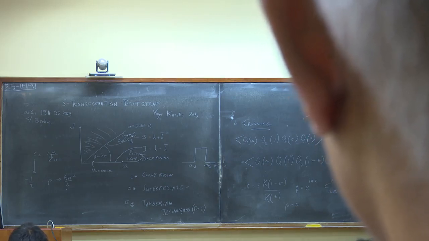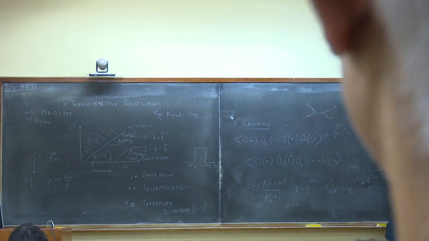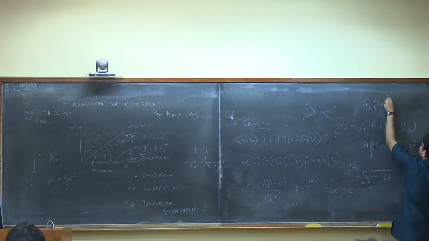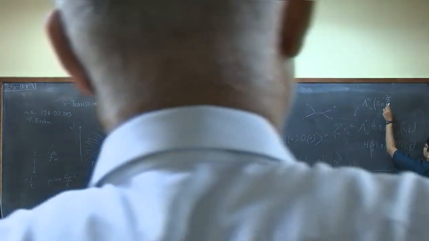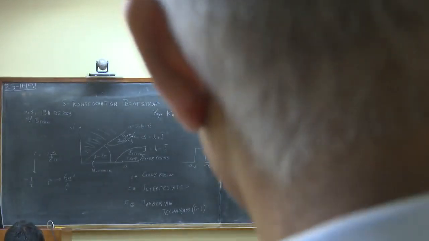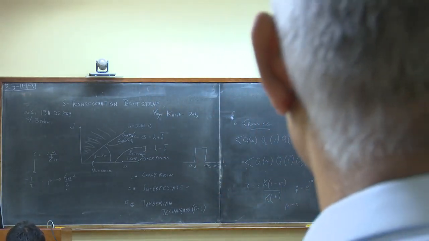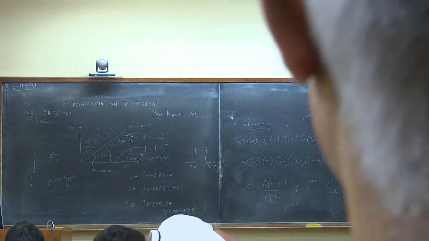So this is 1, and this is just e to the power minus 2 pi square by beta.